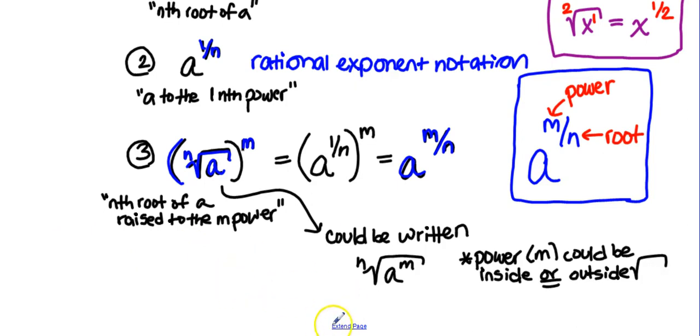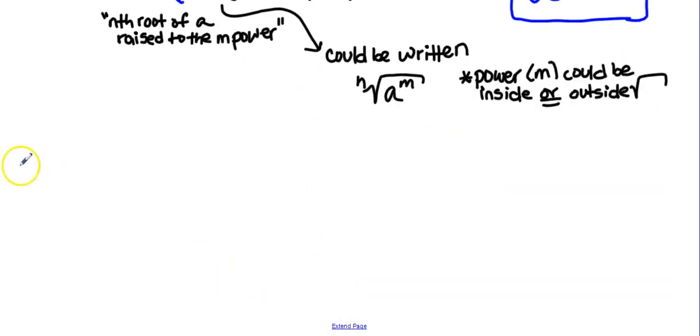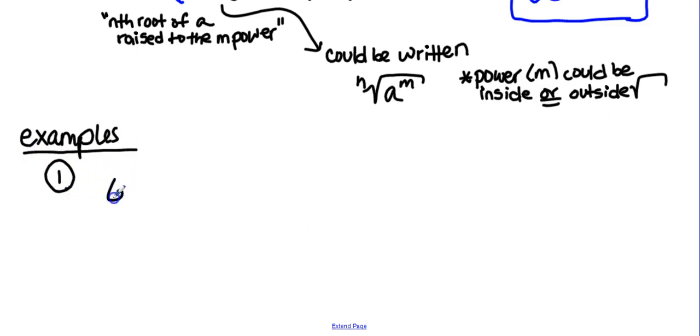So let's look at some examples. Let's start with 64 to the 1/2. From this point forward, I'm going to do a little brain bubble.